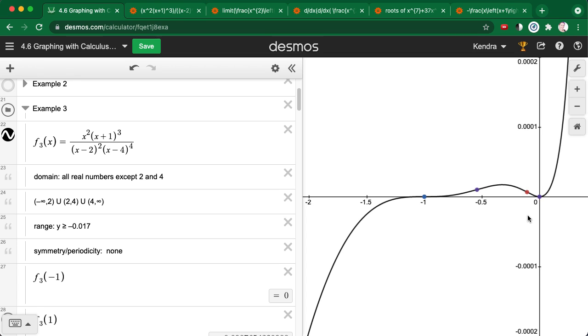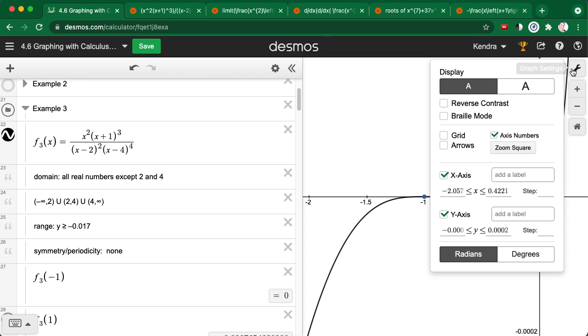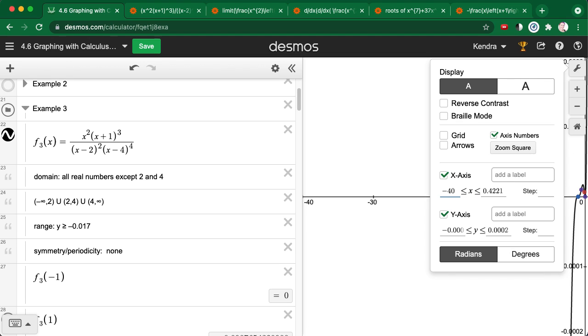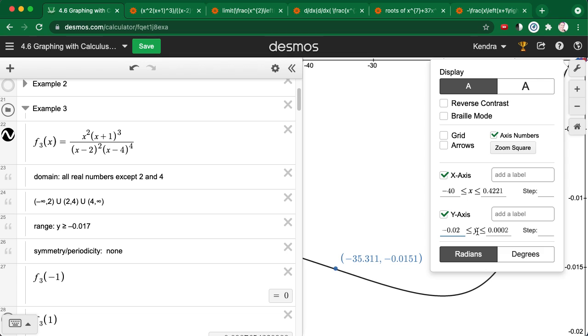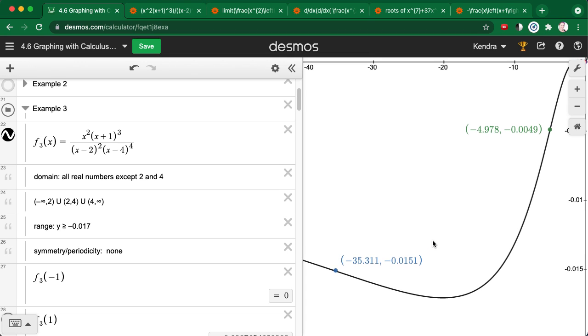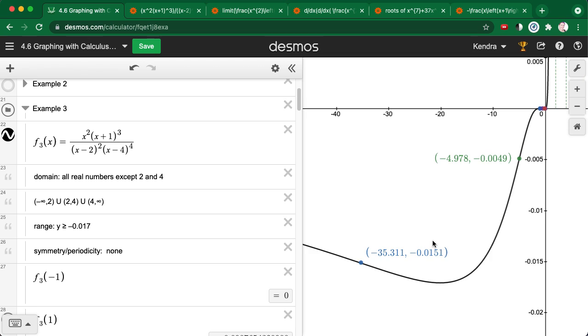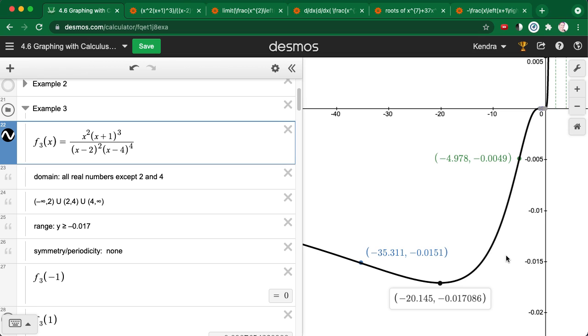This being one of them, and then using the one where it was -40 to something, and y from about -0.02. So this is another view that shows some features along with that local and global minimum.